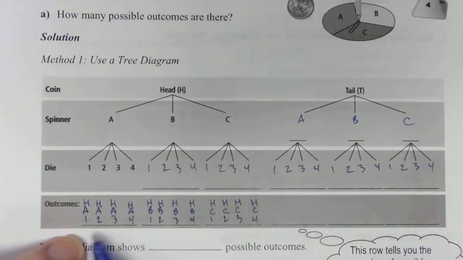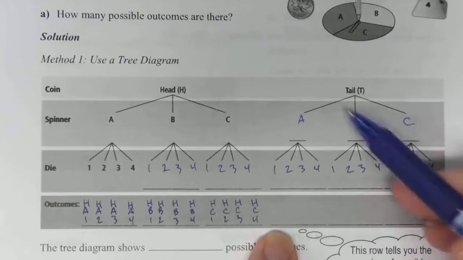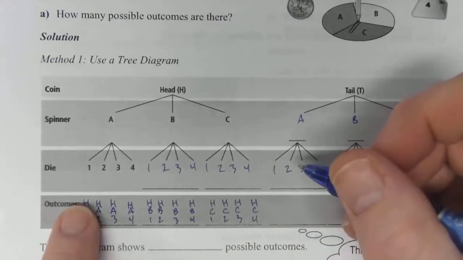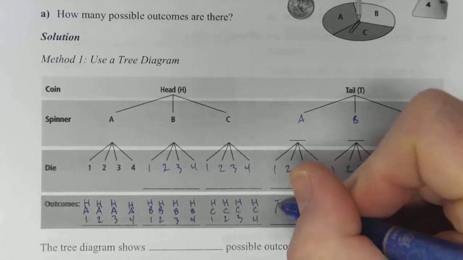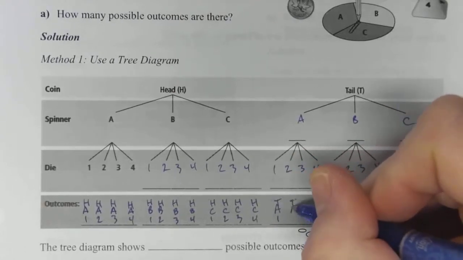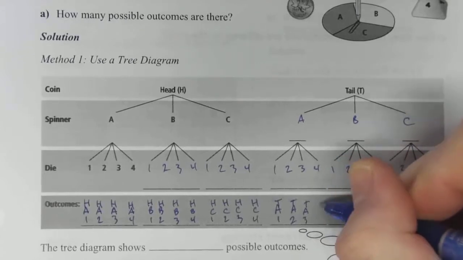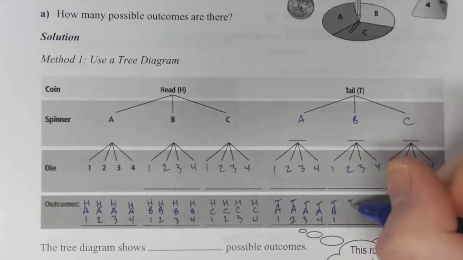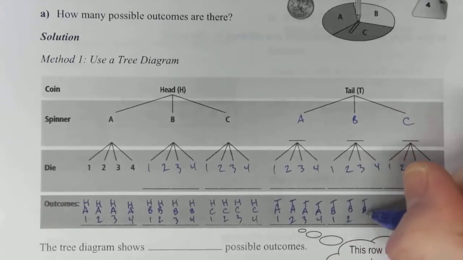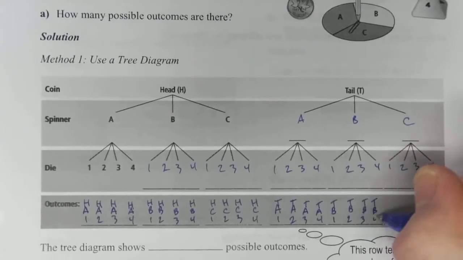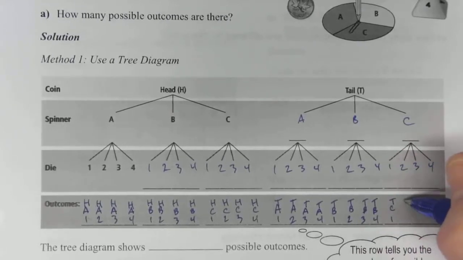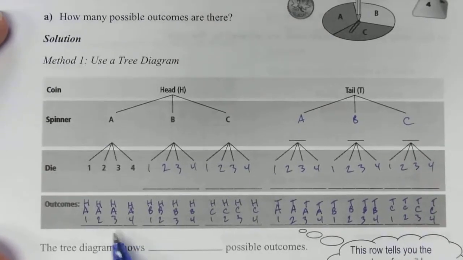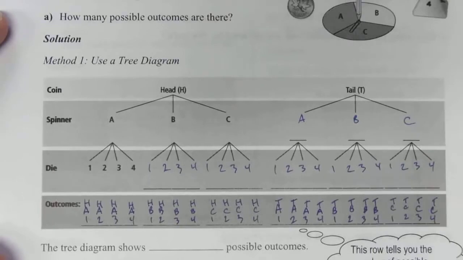So that's all the different possibilities with heads. This other half is all the possibilities with tails, and it looks almost the same except we've got a T across the top instead of an H. So there's all your possible outcomes, and in this case there are 24 possibilities.